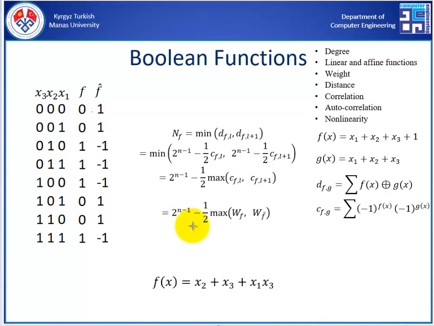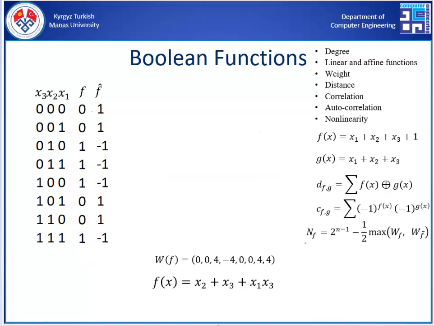So let's try to calculate the nonlinearity of this function. We have already calculated the Walsh-Hadamard transform of a function f, which was equal to 0, 0, 4, minus 4, 0, 0, 4, 4. So now let's calculate its nonlinearity. Nonlinearity of a function f is equal to 2 to the power 3, because we have 3 input bits, minus 1, minus half of the maximum of the Walsh transform.